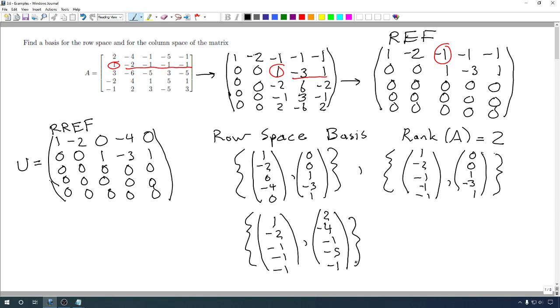And this is another basis for the row space. Again, same row space, but just another possible basis, another possible answer for this question. Of course, the order doesn't really matter. We could have put these in the opposite order. We just had to know which rows actually did survive the Gaussian elimination process.